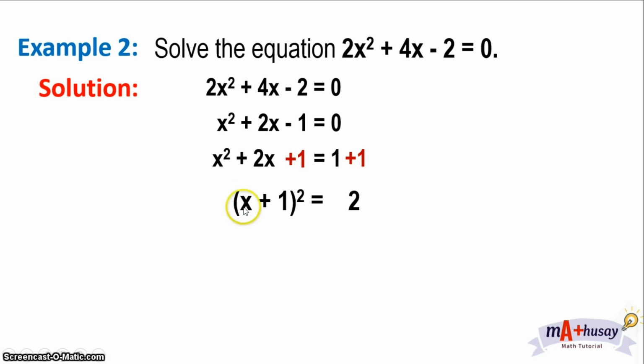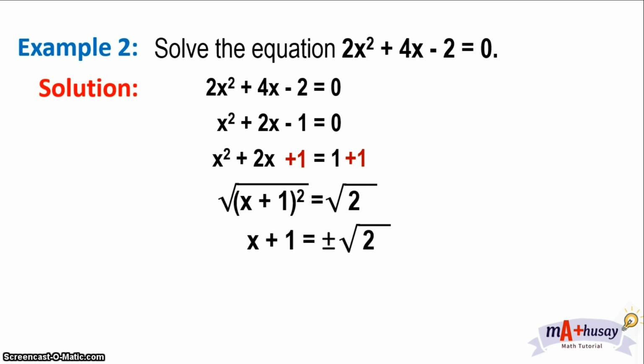So, x squared plus 2x plus 1 can be rewritten as the quantity of x plus 1 squared. Now, let's take the square root of both sides of the equation. So, we have x plus 1 equals positive or negative square root of 2.